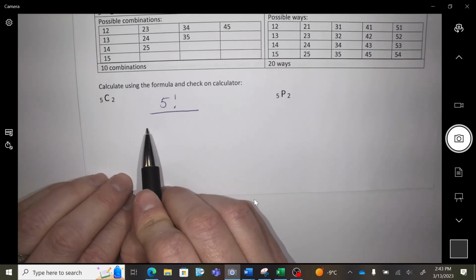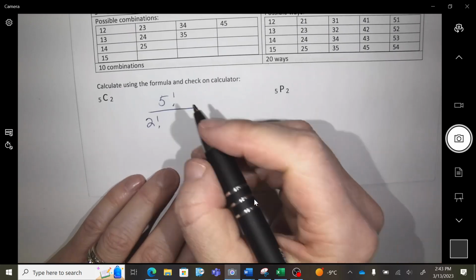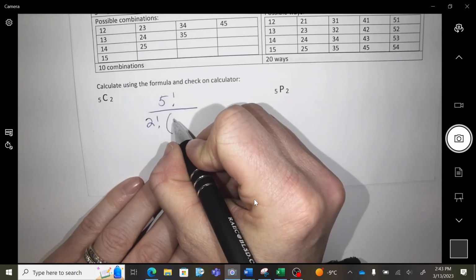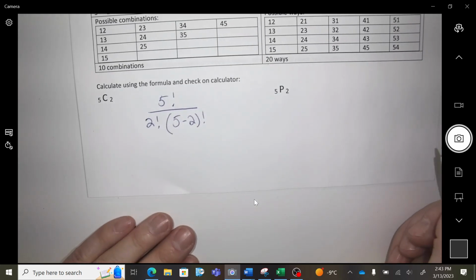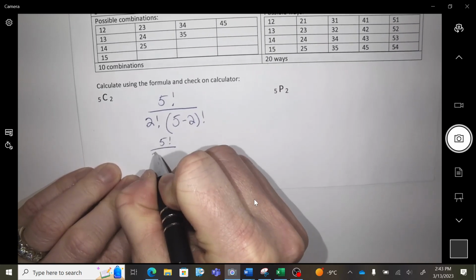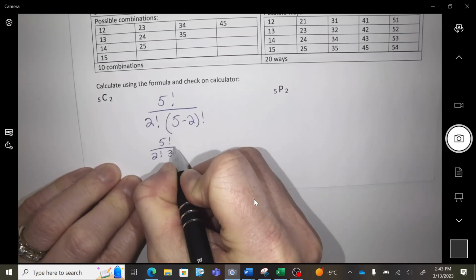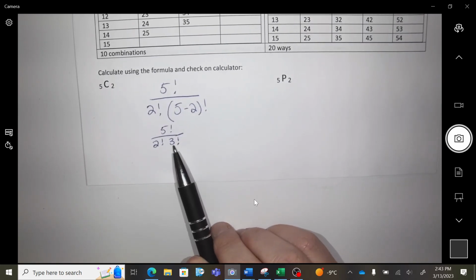This needs to be r factorial, so 2 factorial. And then brackets 5 minus 2 factorial. Okay, so 5 subtract 2 is 3.